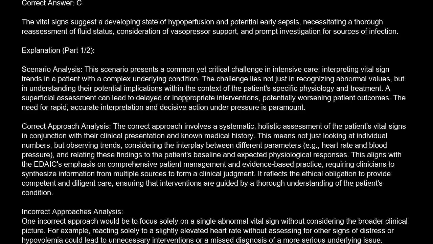This aligns with the EDAIC emphasis on comprehensive patient management and evidence-based practice, requiring clinicians to synthesize information from multiple sources to form a clinical judgment. It reflects the ethical obligation to provide competent and diligent care, ensuring that interventions are guided by a thorough understanding of the patient's condition.